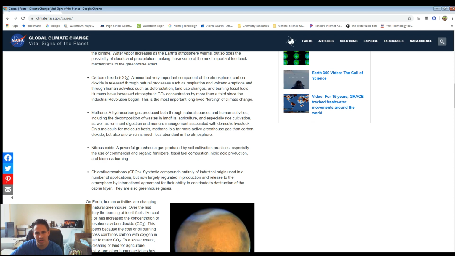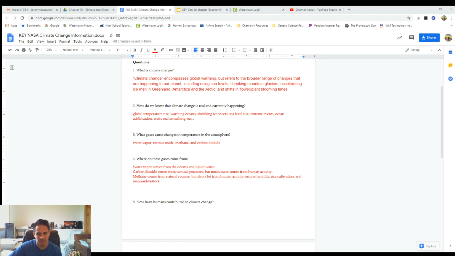And biomass burning is basically you take material that used to be alive, like dead plant material, and you burn it. So all of this seems to be human activity. So nitrous oxide comes from human activity, such as fertilizer usage, biomass burning, nitric acid production, etc.